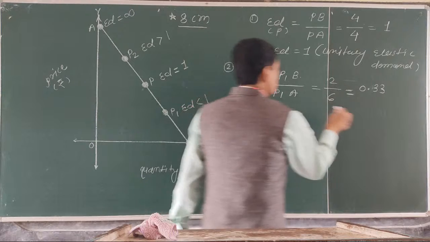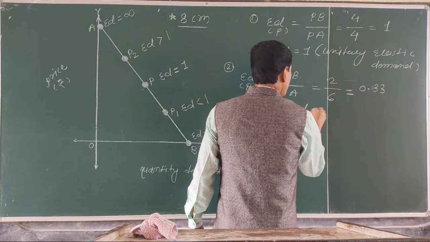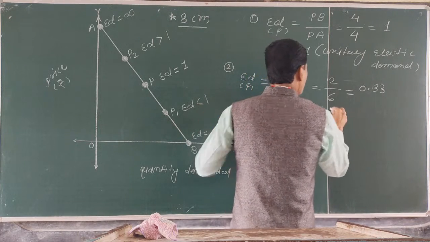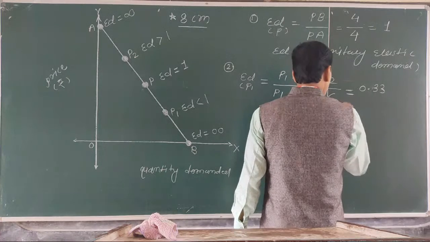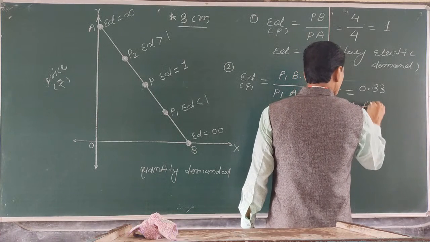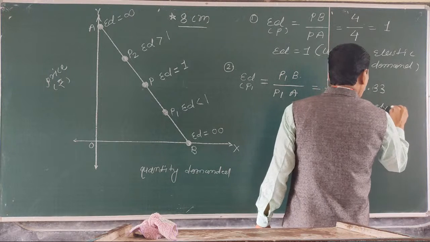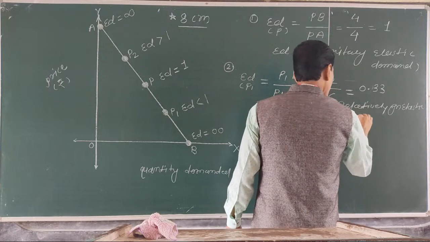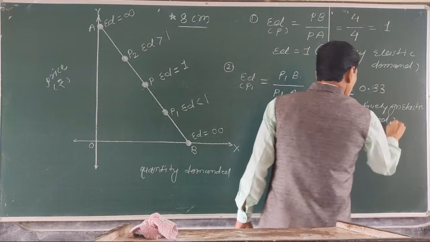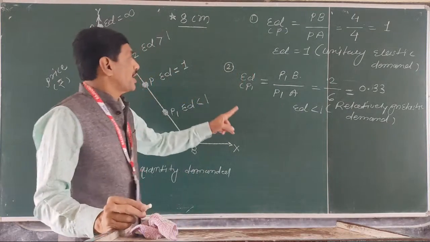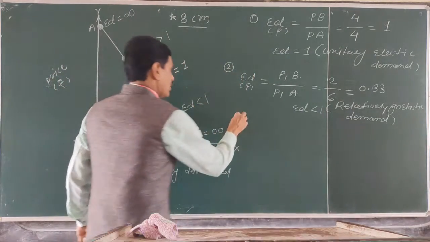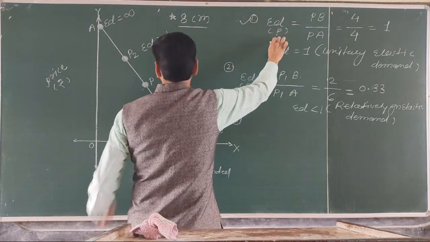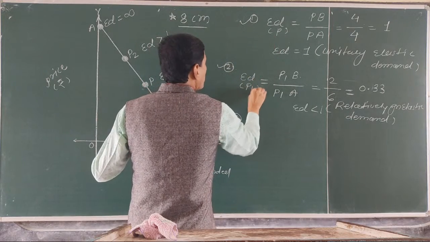So ED is less than 1. It is known as relatively inelastic demand. Clear? So first point P is complete, and point P1 is complete.